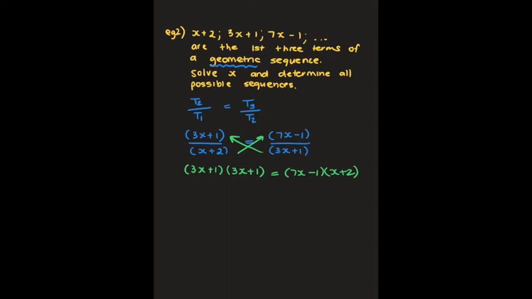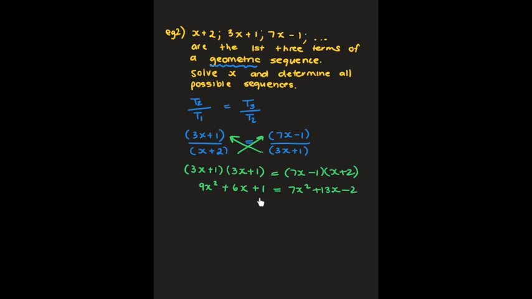Now we're just going to expand the binomials and add up like terms. So it's going to be 9x squared plus 3x plus 3x will take me to positive 6x plus 1 equals 7x squared plus 14x minus 1x will be plus 13x minus 2.